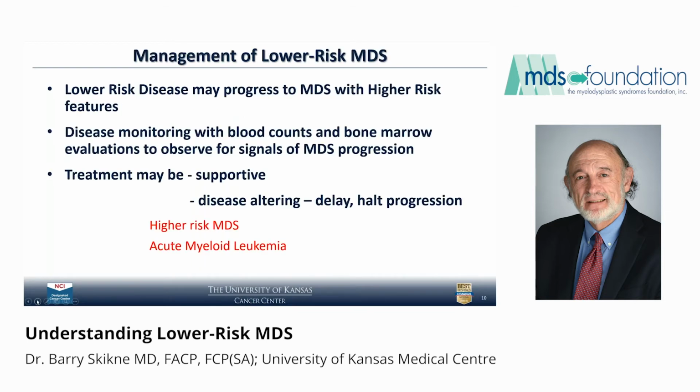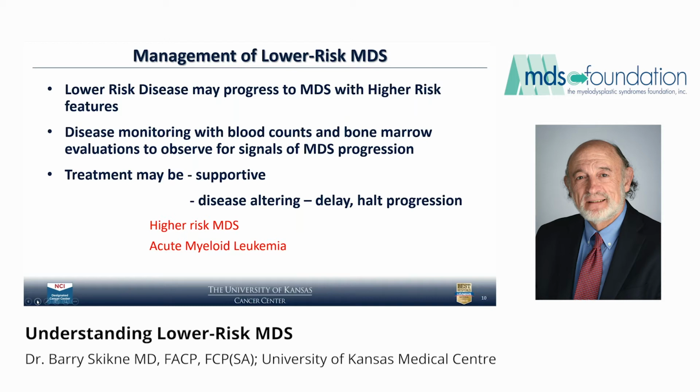So, as far as management of lower risk disease, the thing is, this may progress to develop higher risk myelodysplastic features. And because of this, we do the disease monitoring that I'm going to talk about now briefly.